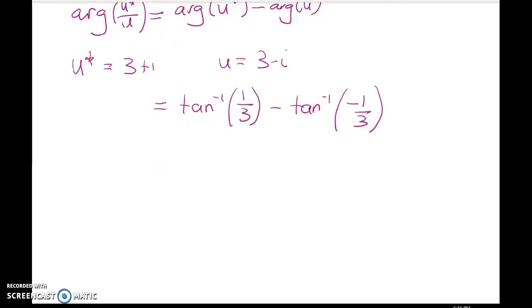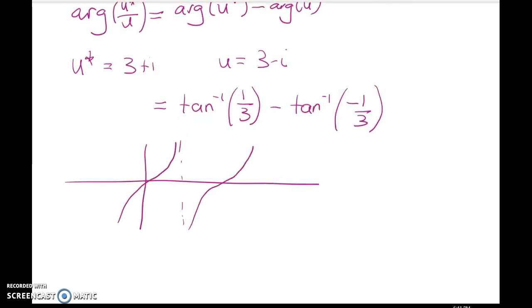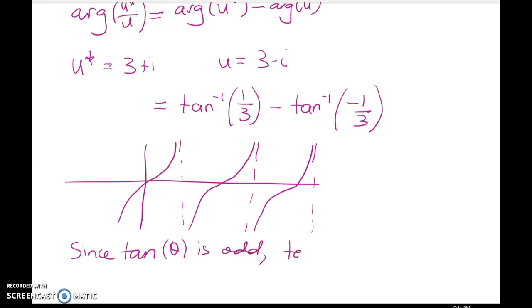It's useful at this point to draw the tan graph and just have a wee look at it. And remember that tan is an odd function. So since tan of theta is an odd function, the inverse function is also going to be odd.